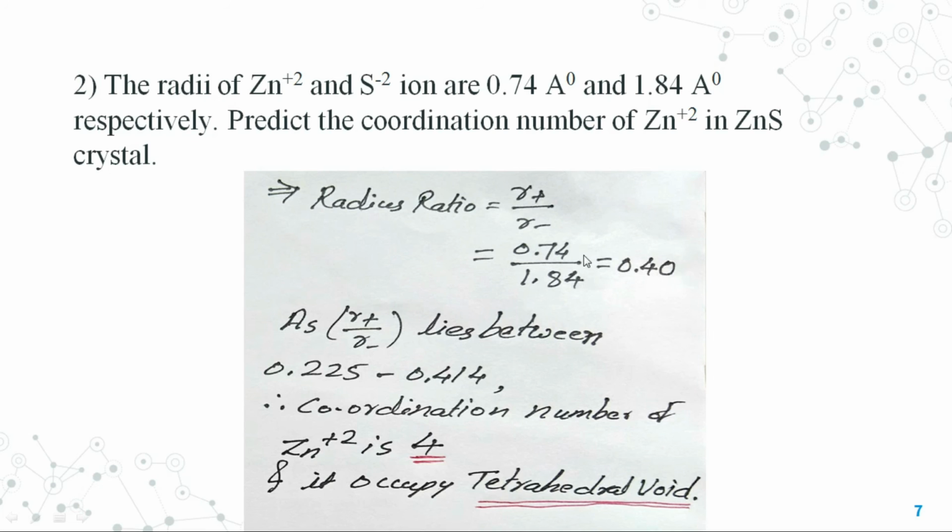As both the radii are in angstrom, the angstrom gets cancelled, so I have not written it, and after solving this we get 0.40. As the radius ratio value lies between 0.225 to 0.414, the coordination number of Zn2+ ion here is 4 and it occupies a tetrahedral void.